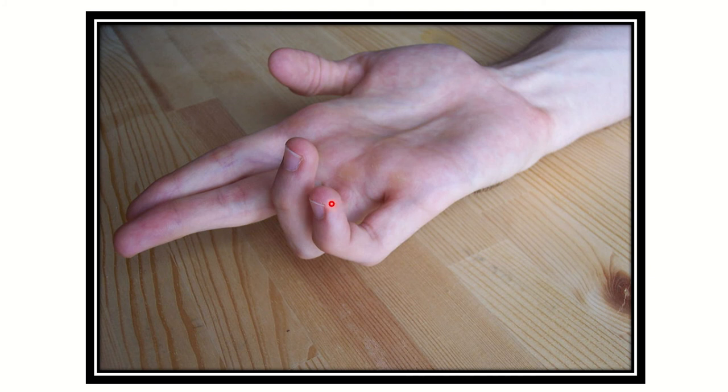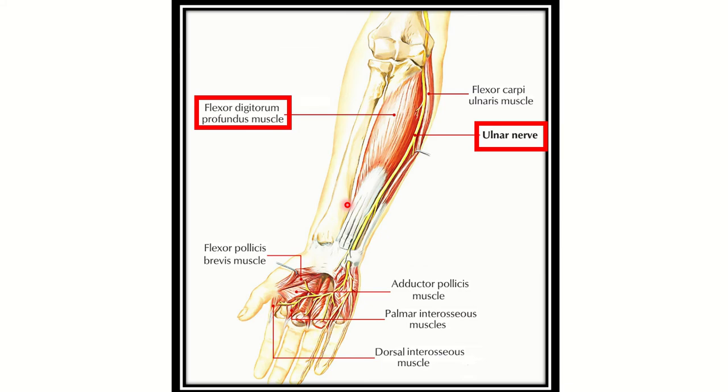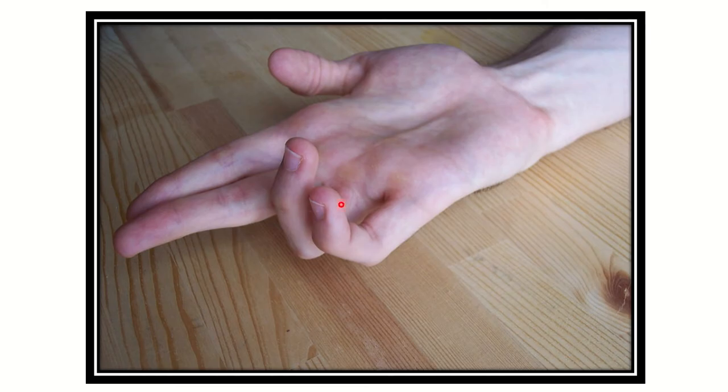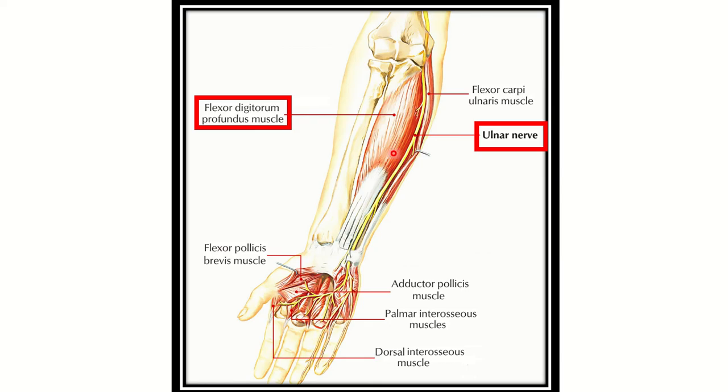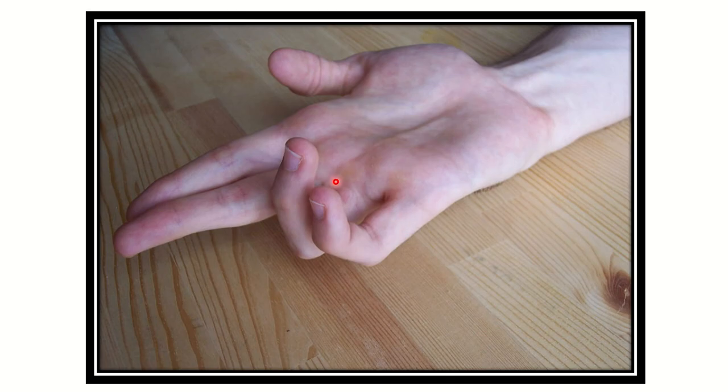This type of flexion is caused by the flexor digitorum profundus, and it is also known as claw hand. So the function is now clear: the flexor digitorum profundus causes flexion of the distal interphalangeal joint, or DIP, and this causes flexion of the finger like this.